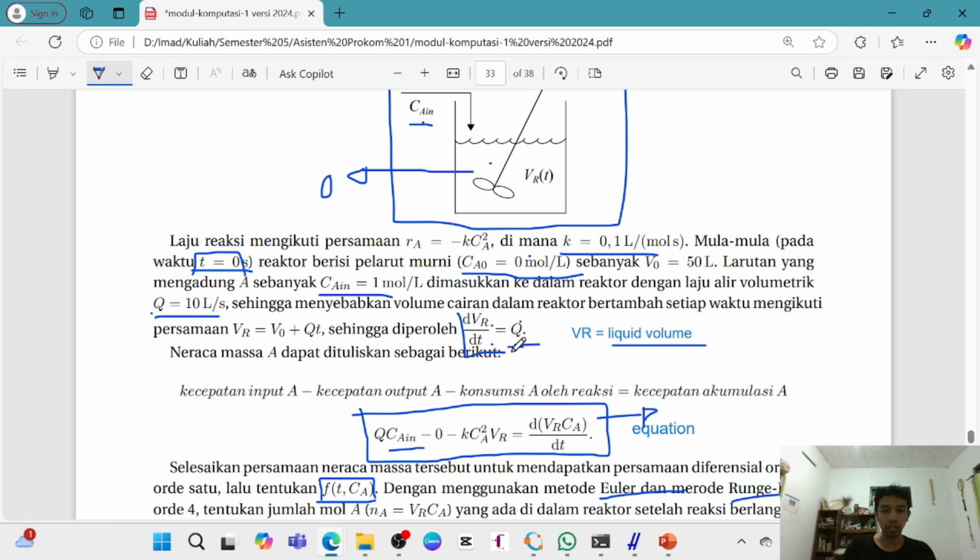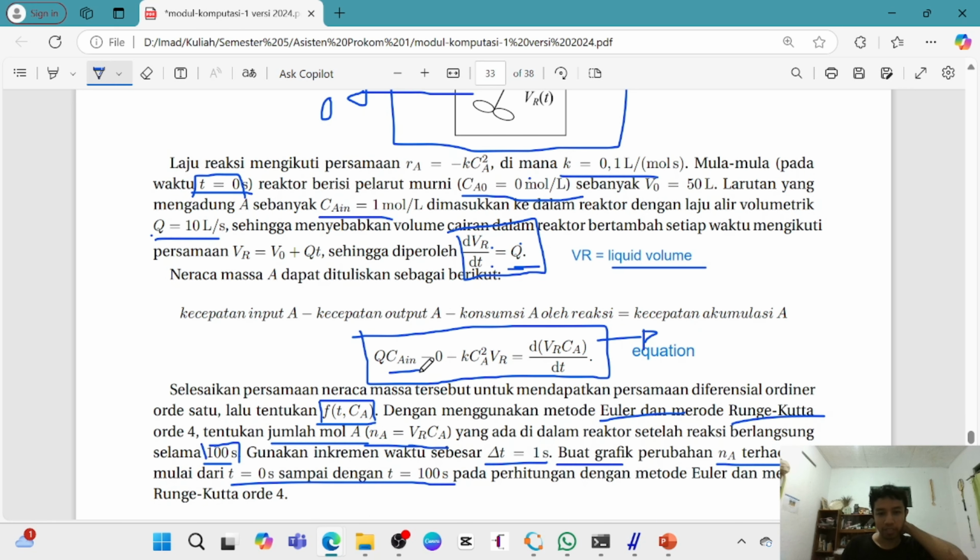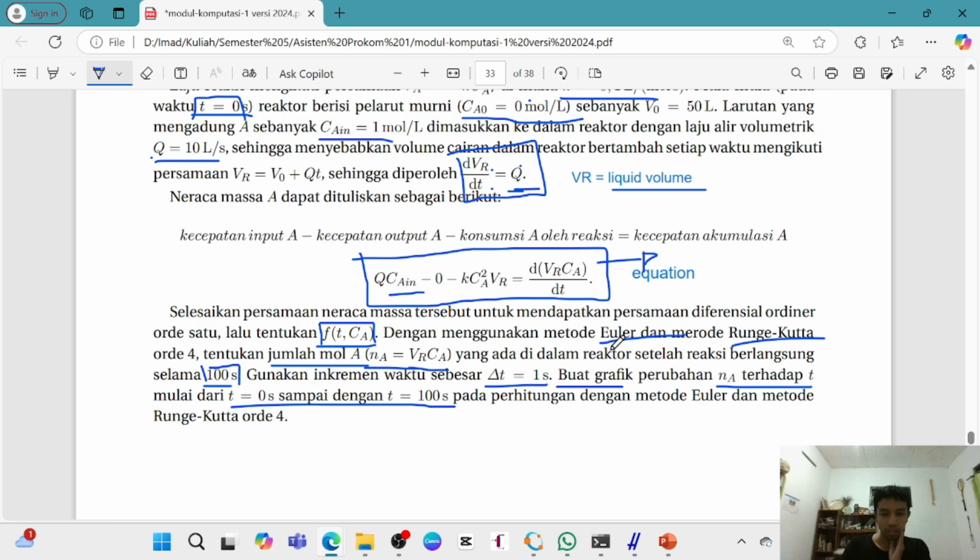Just look at this equation. Then we have the equation for the problem.